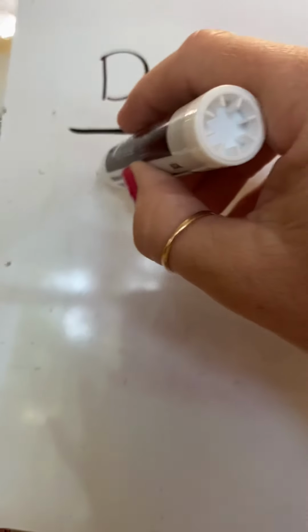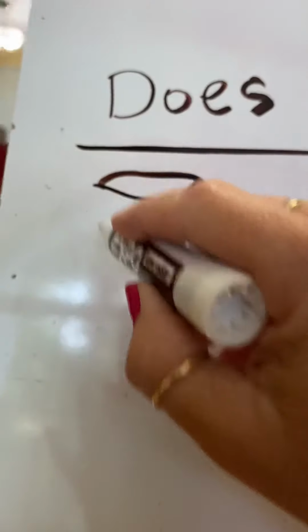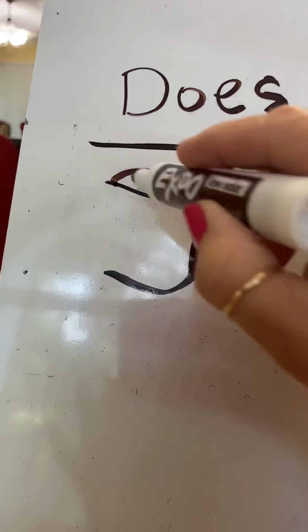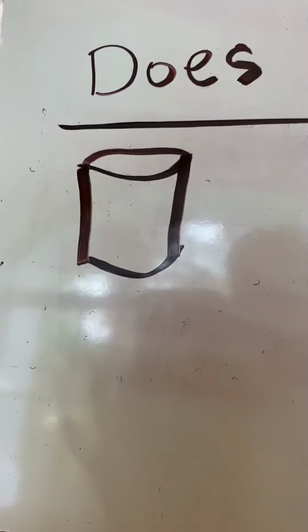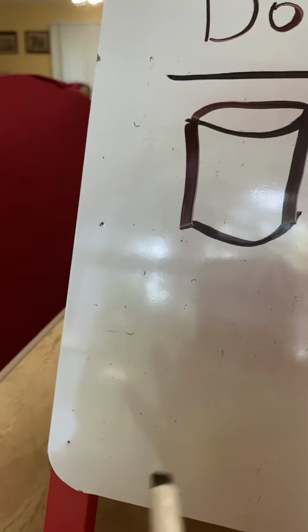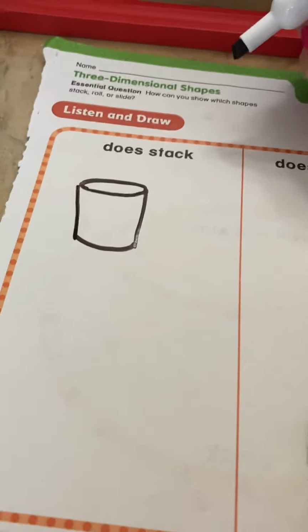To make a cylinder, you make an oval or close. I make a smiley face. I draw down and I draw down. That would be close to being a cylinder. So on your paper, I would do the same thing. It'd be easier for me to do it on paper as it's laying flat. And that's how you draw a cylinder.